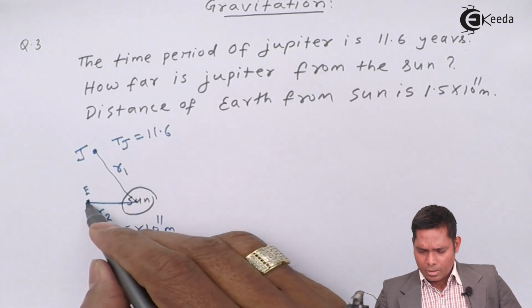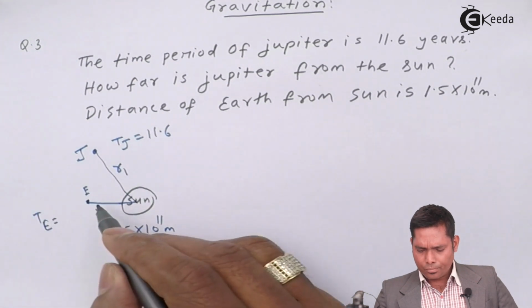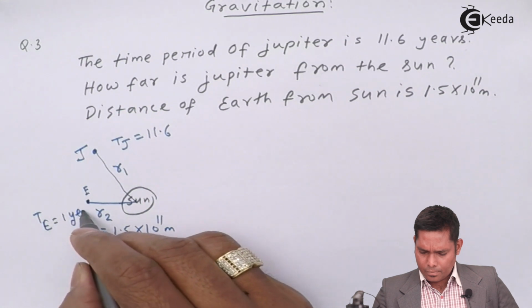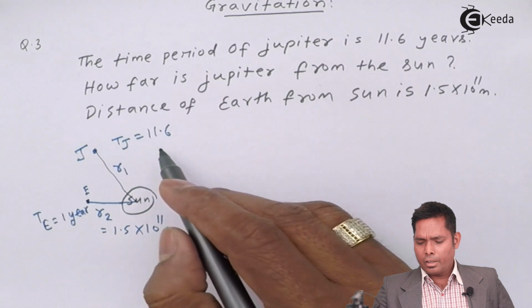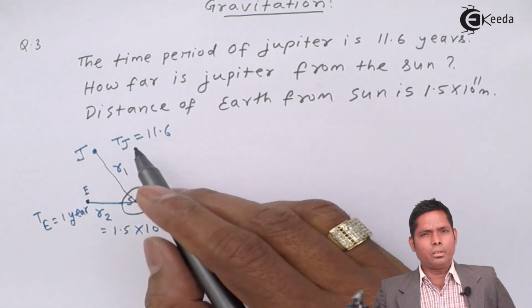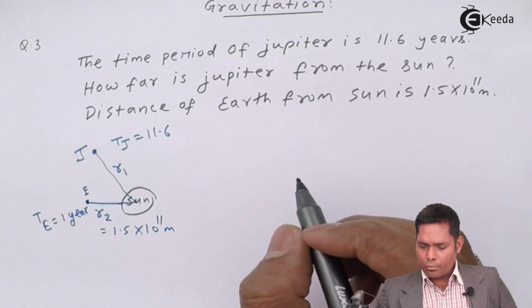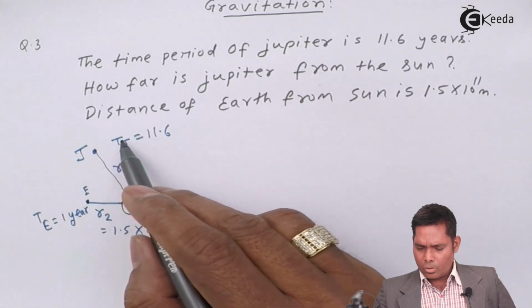Its time period, that is T Earth, is known to us. That is 1 year. Earth takes 1 year to complete one revolution. Jupiter takes 11.6 years to complete one revolution. So we have to find this distance. This is known, this is known, this is known, and this is unknown.